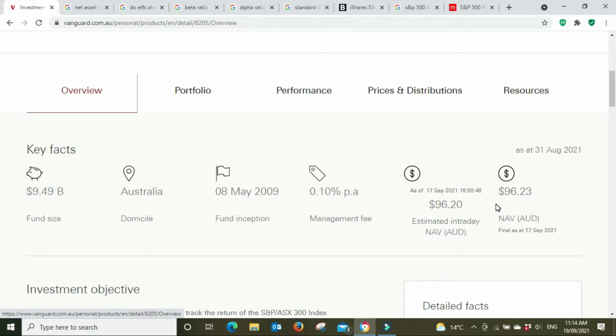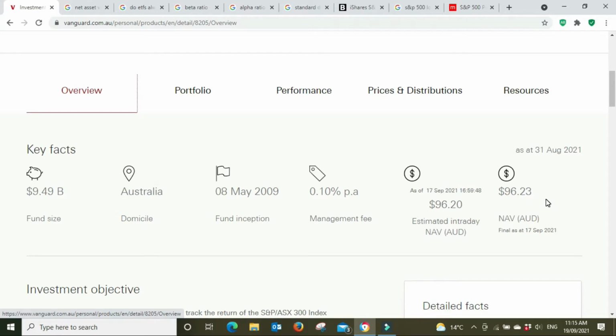So basically what your net assets are per share is this figure here. So if you add up all the assets of all the 300 companies, take away all the liabilities and apportion that across the number of shares, you're looking at $96.23 per share.